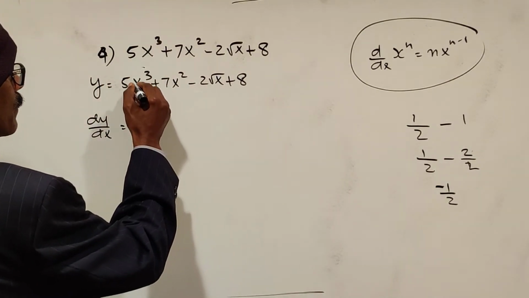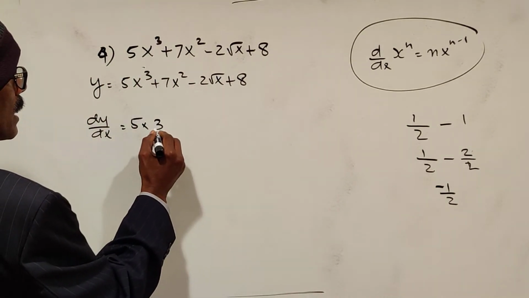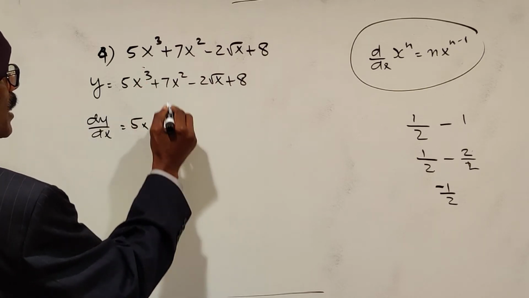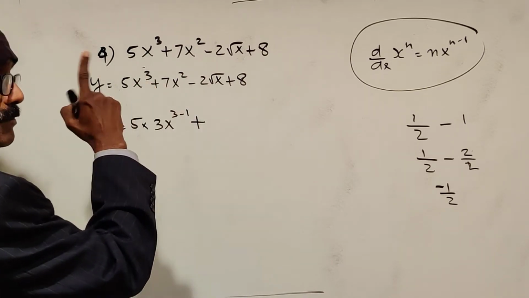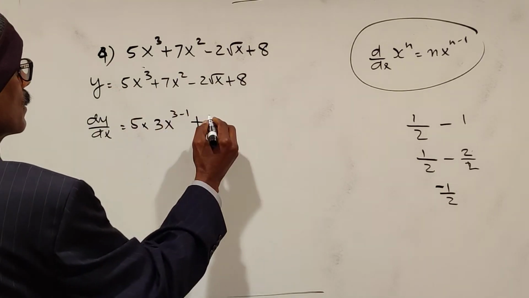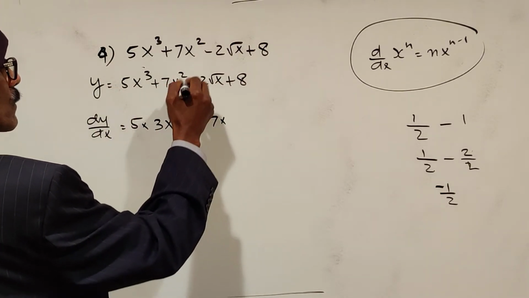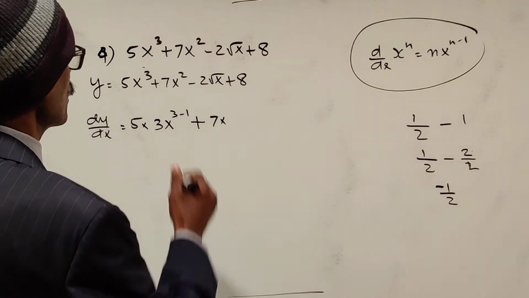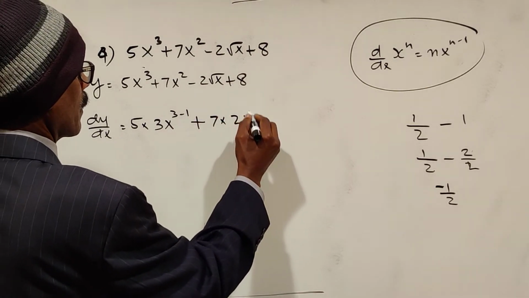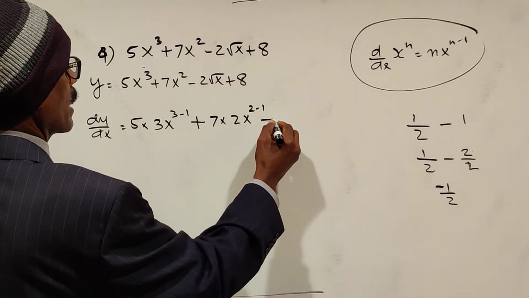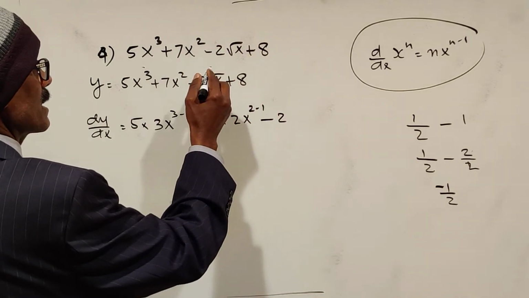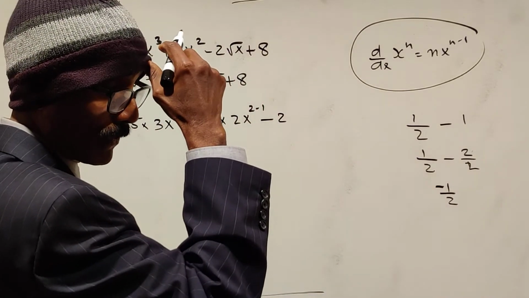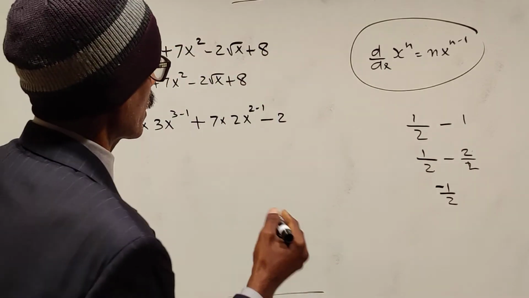Times, I am going to differentiate x cube. 3x to the power 3 minus 1, plus 7 times the derivative of x to the power 2, which is 2 times x to the power 2 minus 1, minus 2 times, we just did, the derivative of root x.